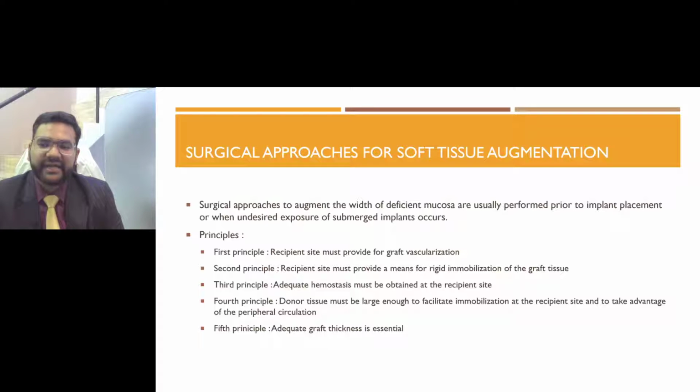The second principle is that the recipient site must provide a means for rigid immobilization of the graft tissue, which is done by various suturing techniques. The third principle is that adequate hemostasis must be obtained at the recipient site. The fourth principle is that the donor tissue must be large enough and also thick enough to facilitate the immobilization and to take advantage of the peripheral circulation.